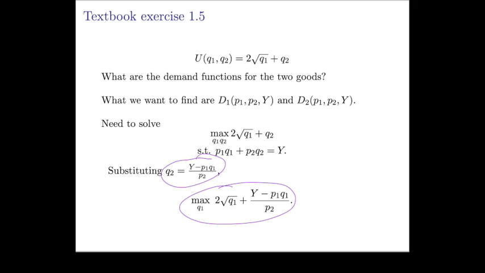So we just end up with: choose Q1 to maximize 2 times square root of Q1 plus Y divided by P2 minus P1 Q1 divided by P2.